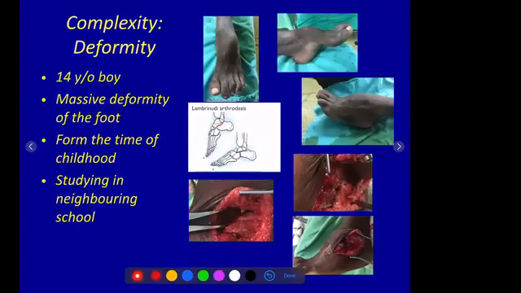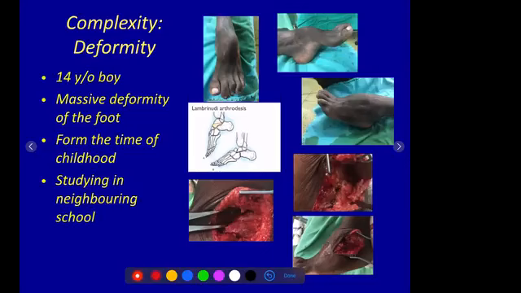This patient had primarily a cavus foot deformity. He was a young man from Alliance High School, and he had it from the time he was a child. It was a massive deformity, very rigid. So in this case, I did a different procedure, which is a Lambrinudi arthrodesis.